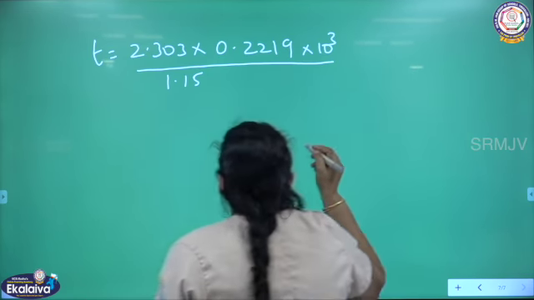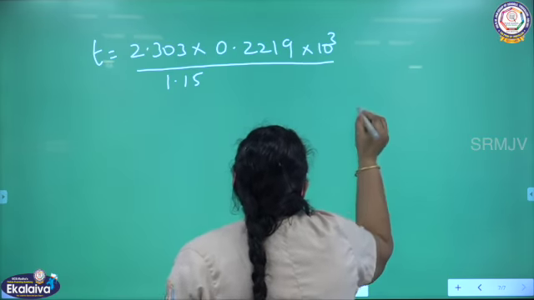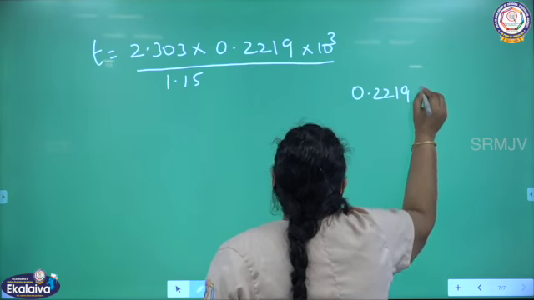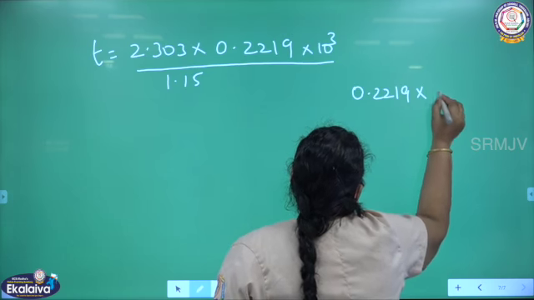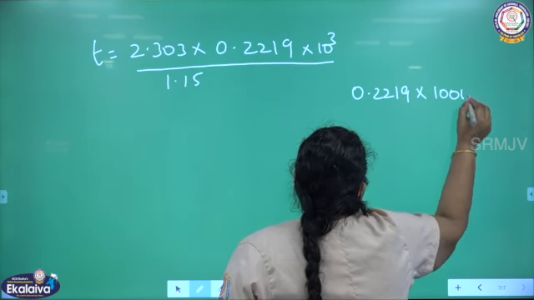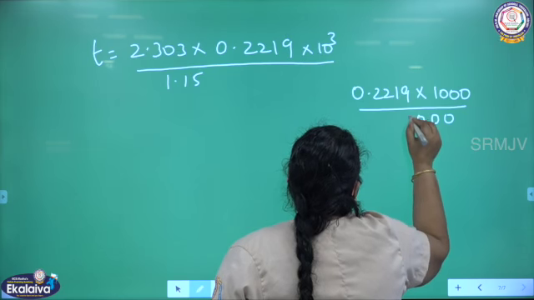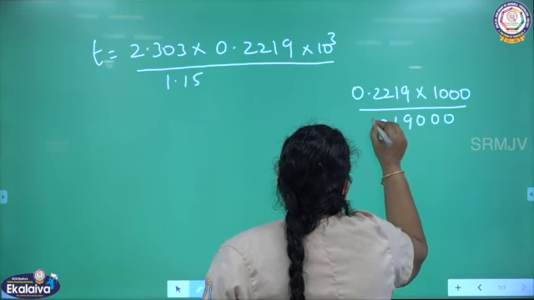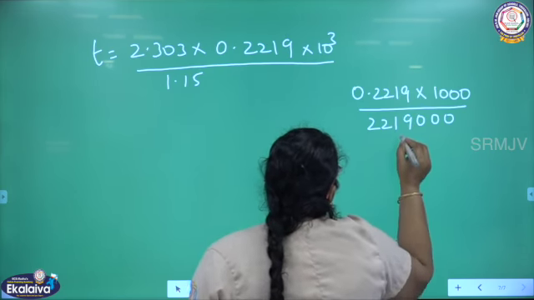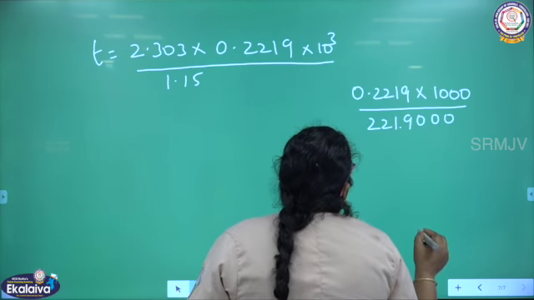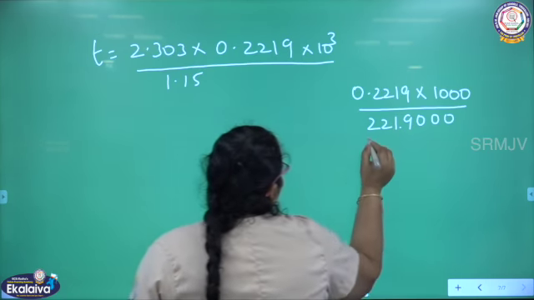So, let me multiply these three quantities. First, we will multiply 0.2219 into 10 power 3. 10 power 3 can be written as 1000. So, when you multiply these two quantities, after 4 digits, if you keep the decimal, you will be getting 221.9000.